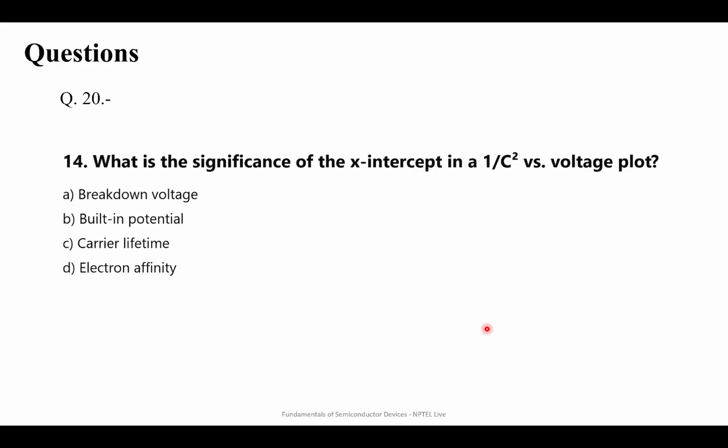What is the significance of the x-intercept in a 1 by C square versus voltage plot? Breakdown voltage, built-in potential, carrier lifetime, electron affinity.